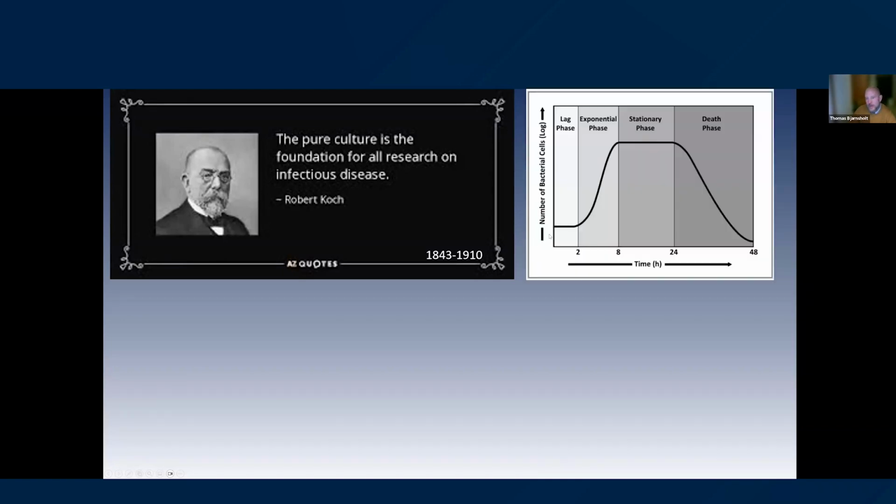And also, if any of you have tried to grow bacteria in the laboratory, we have done so, and have really focused on the exponential phase of bacterial growth, to determine reproducibility and so on.